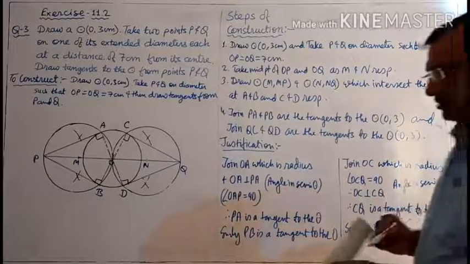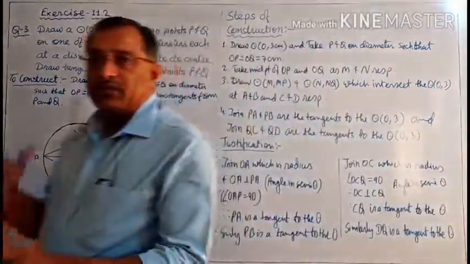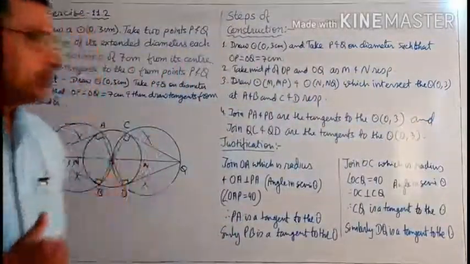So this is the justification. So we can get tangents to the circle this way, and we can justify that.